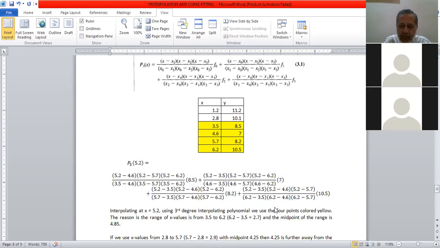The result when you are estimating y for x equal to 5.2 should come out between 7 and 8.2, and you'll find that this is around 7.6 or something like that. I have not written the result. I have just demonstrated the substitution of the values.